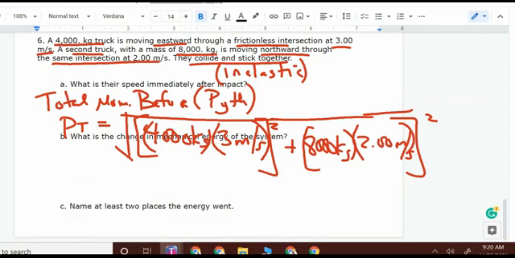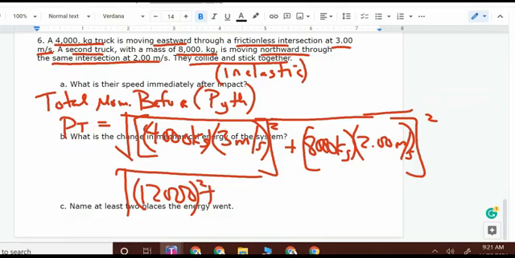So I guess it's just the square root of 12,000 squared plus 16,000 squared. That's how I find the total momentum before when they're at 90 degrees. The rule for vector addition is that when it's 90 degrees, this is the method you're using.